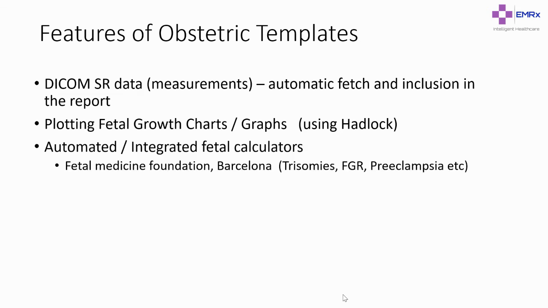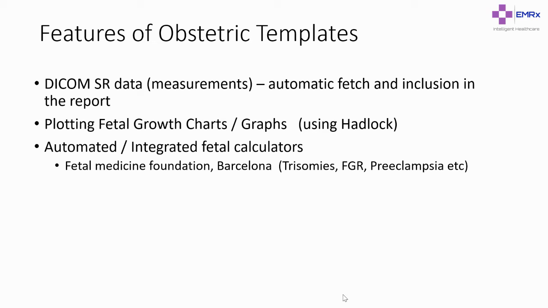In addition to this, we also have integrated into Emerald the fetal calculators from the Fetal Medicine Foundation in the UK, or also the ones from Barcelona. These are the various calculators such as the trisomy risk calculator, the FGR calculator, the preeclampsia calculator, and so on.